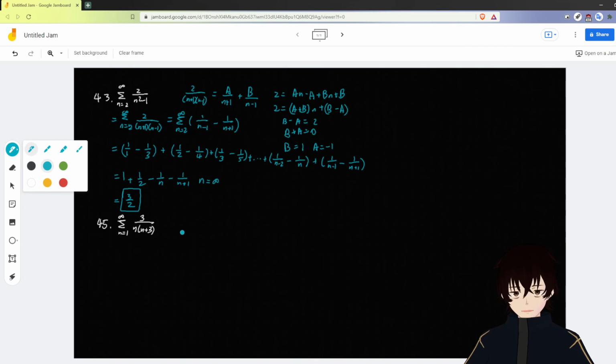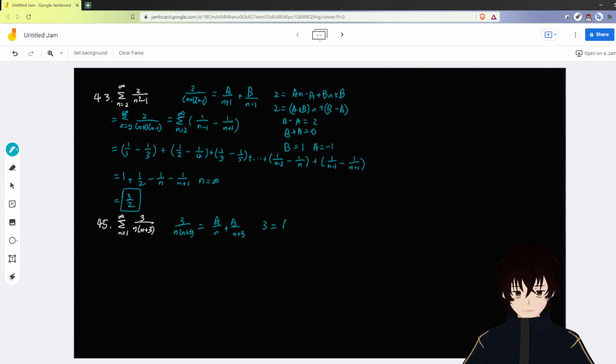So 3 over n(n plus 3) is equal to a over n plus b over n plus 3. 3 is equal to an plus 3a plus bn. a is equal to 1, b is equal to negative 1.